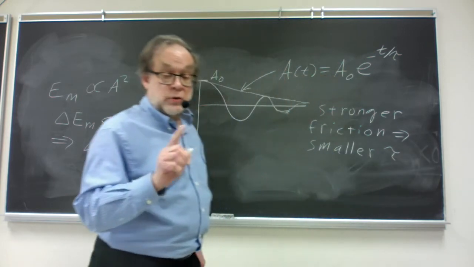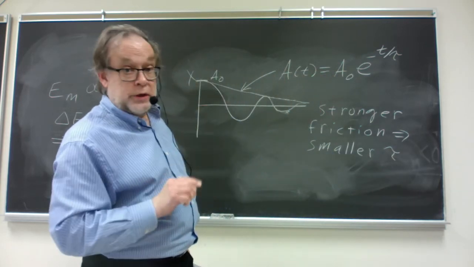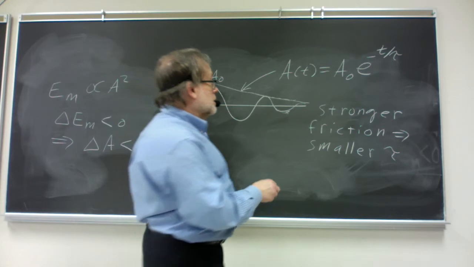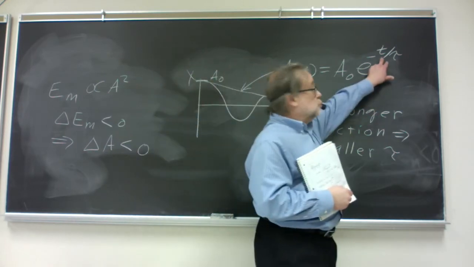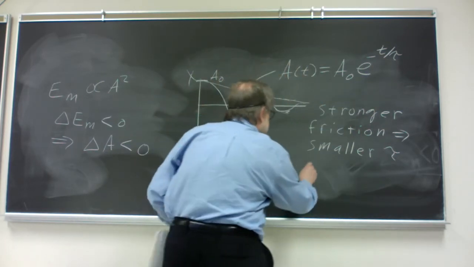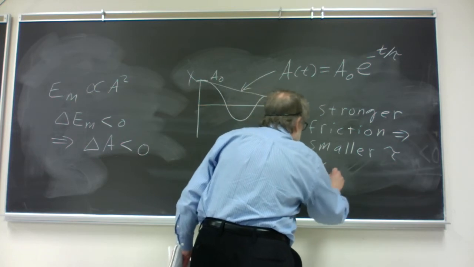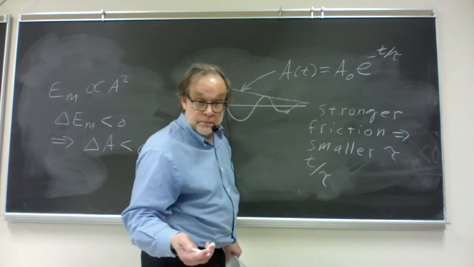We'll see why in just a minute, but let's work through the algebra here. Smaller tau means that this quotient up here in the exponent, t over tau, is getting larger.